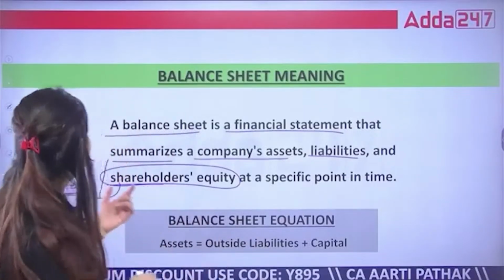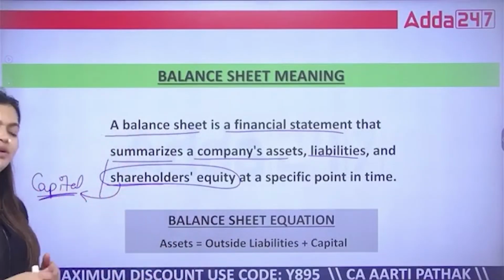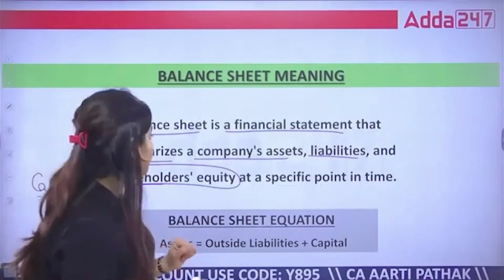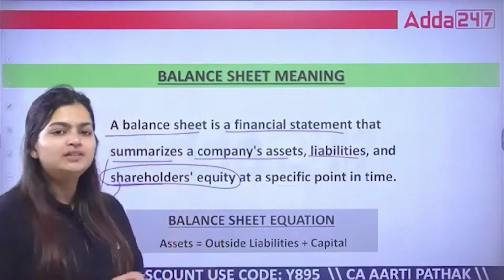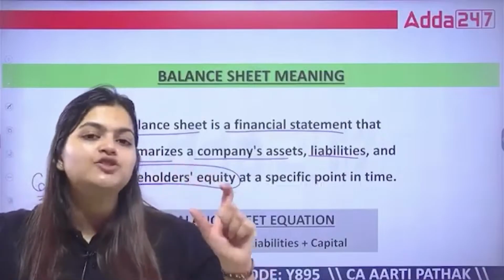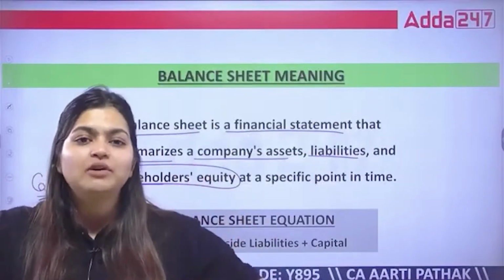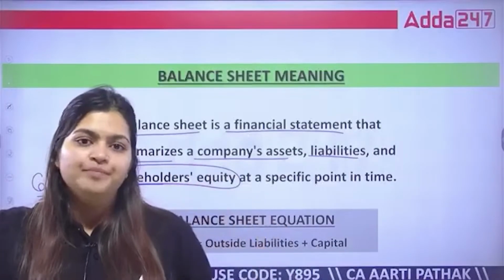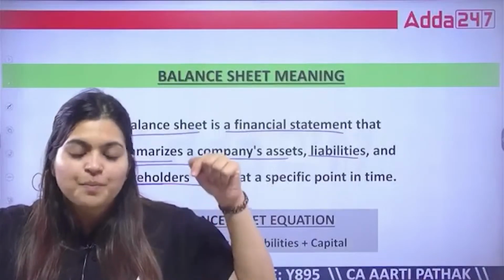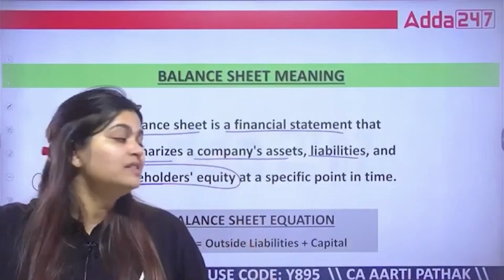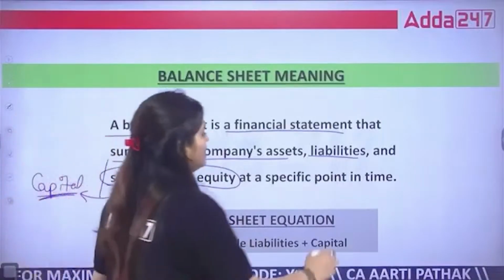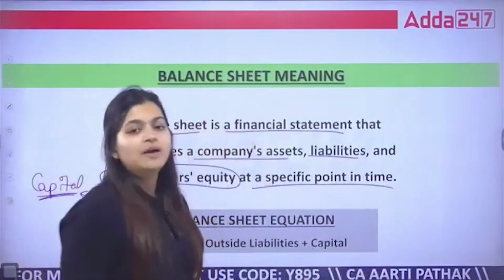So just understand capital and shareholders' equity are both the same for now. So the balance sheet is one financial statement which talks about the position of your company at a very specific point of time.